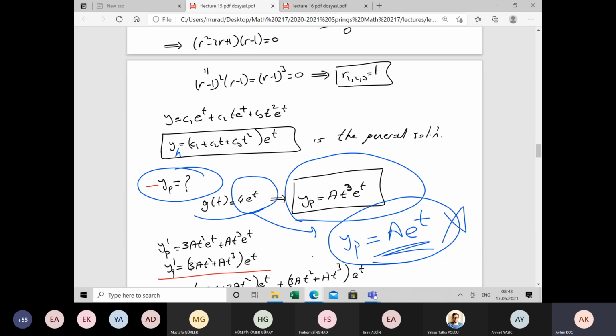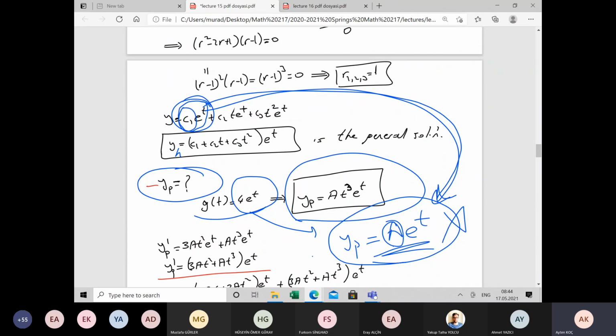So what's the reason? Look at this one: c1 times e to the t is a solution, and a times e to the t, where a is a constant like c1, is the same. So this part contains these solutions. But our aim is to get the fundamental solutions, linearly independent.